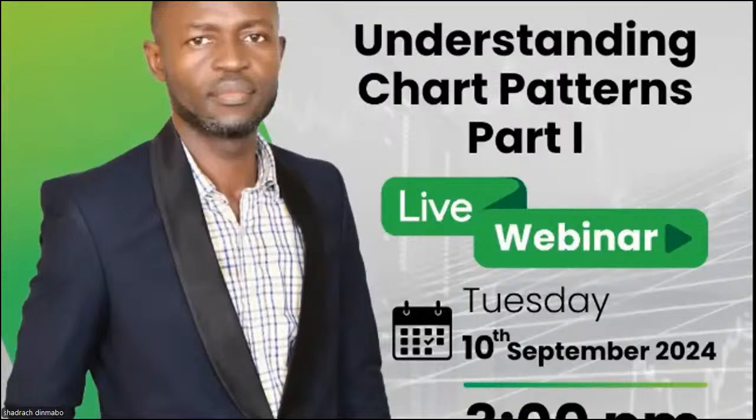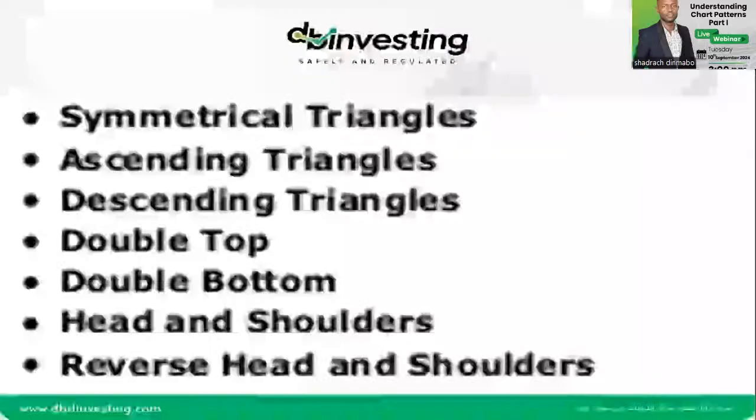So straight up, without wasting much time, we want to look into chart patterns. In chart patterns, we're going to look into different segments of it, something like symmetrical triangles, which we have seen right away. We're going to also look at ascending triangles and descending triangles. So today I'm going to basically be dealing with triangles, okay?